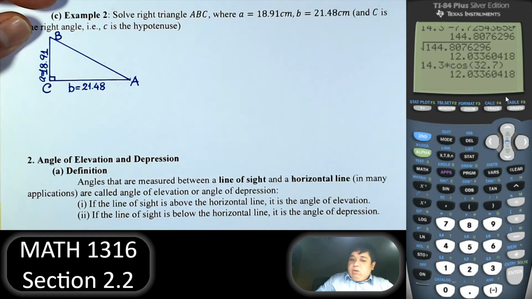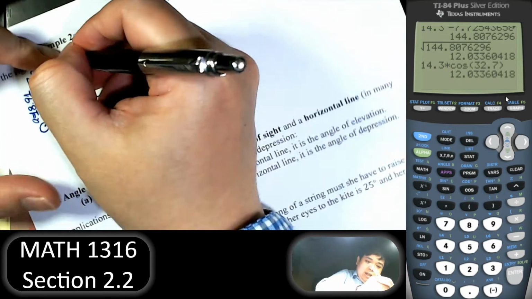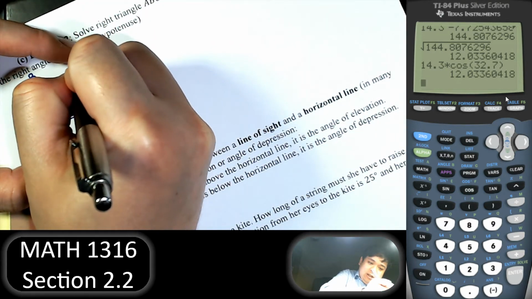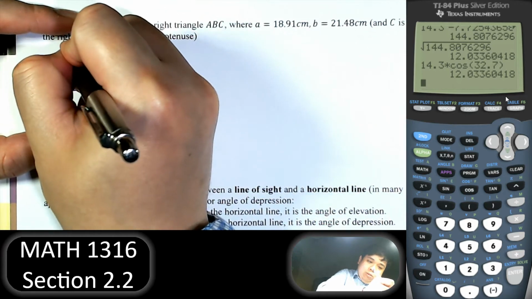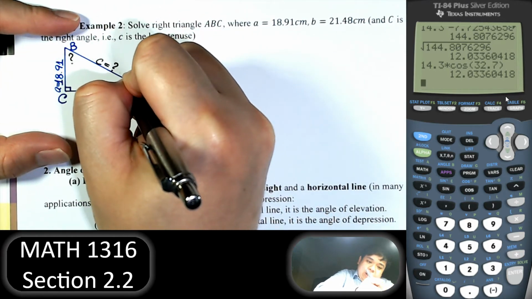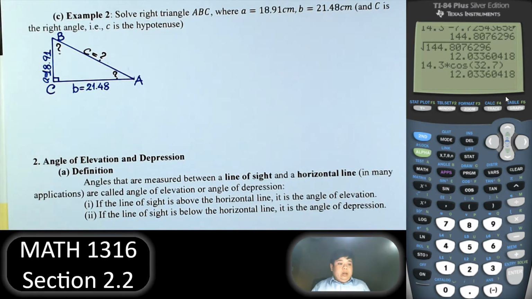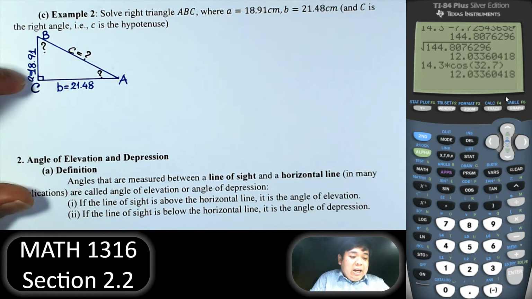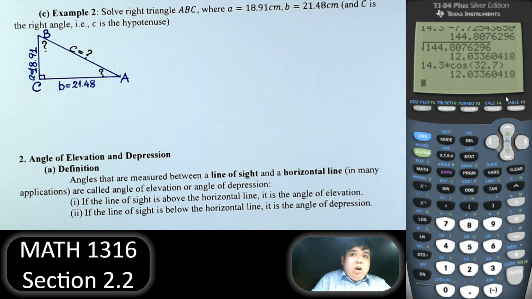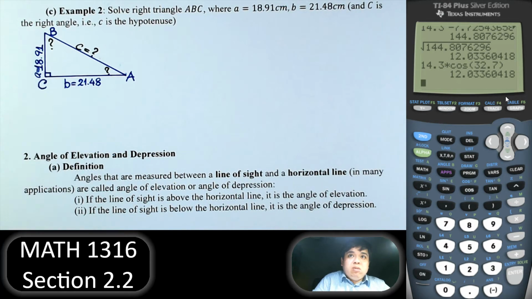And what we don't know is C, the side C, the angle B, and the angle A. Right. So there are a few things we can do here. So first, we are given A, we are given B, in a right triangle. The Pythagorean theorem will work just fine based on those two numbers.